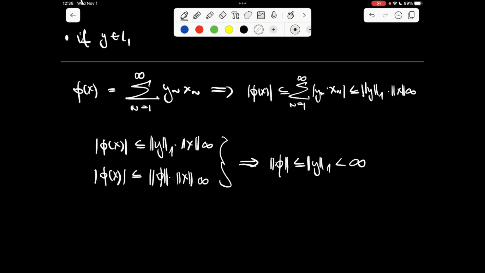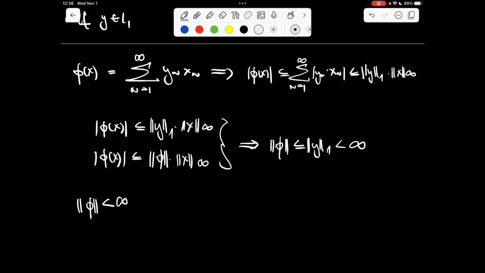So the norm of phi is bounded, it is finite, so phi is bounded and continuous, as this is what we wanted to demonstrate.